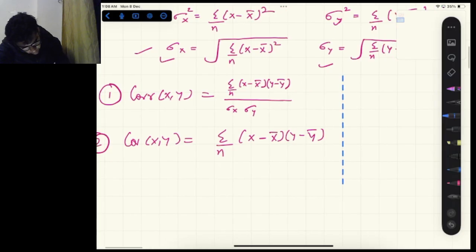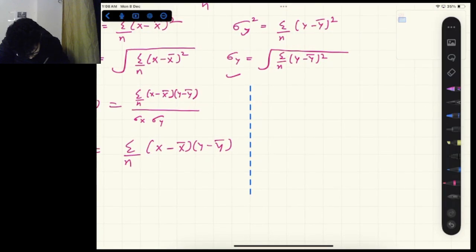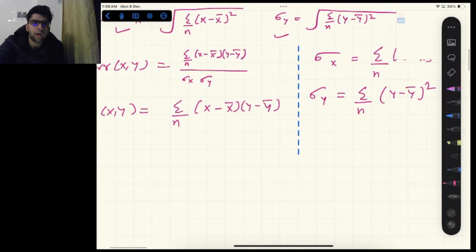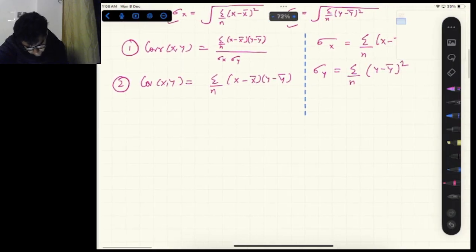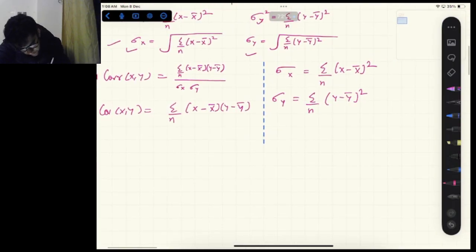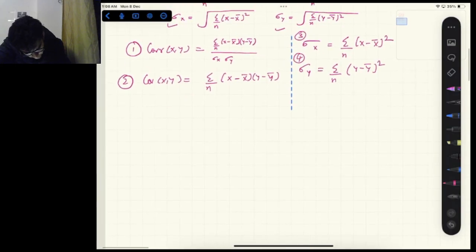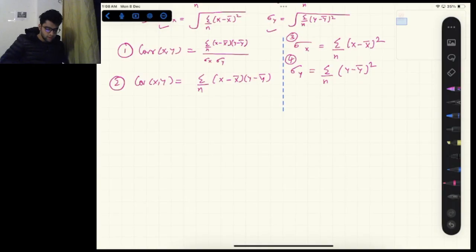And also remember that my sigma x is equal to the square root of sigma by n, x minus x bar whole square. Sigma y is the square root of sigma by n, y minus y bar whole square. So keep these four formulas in mind, 3 and this is 4.